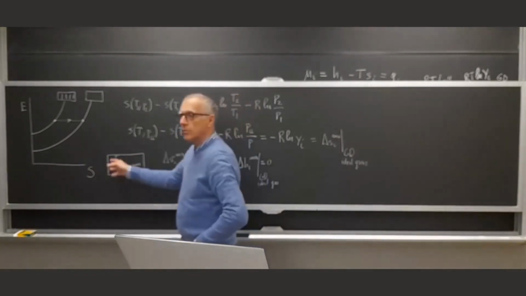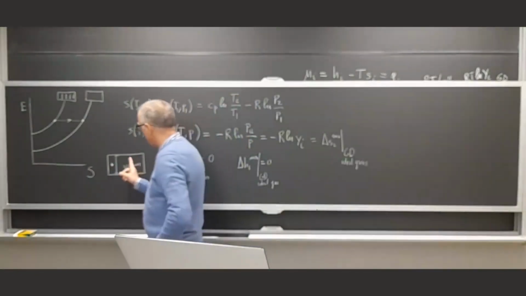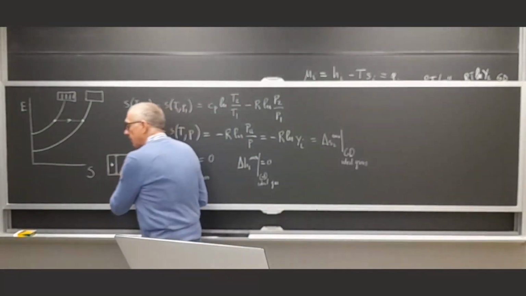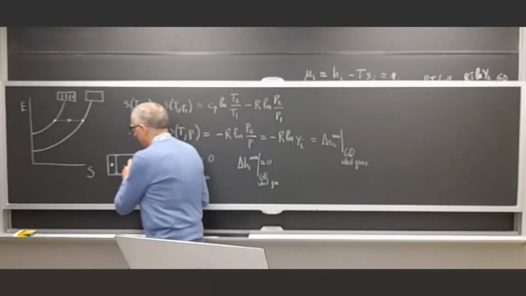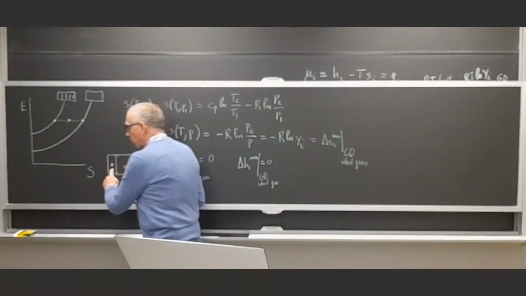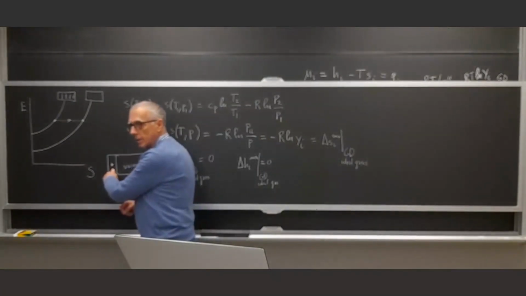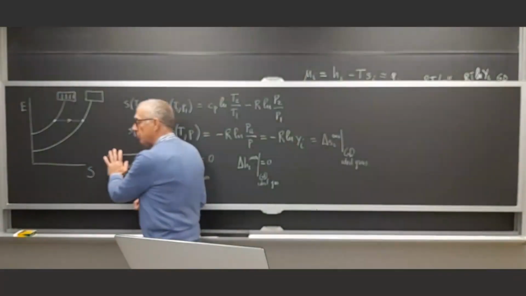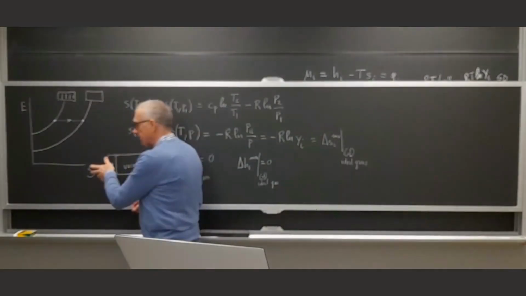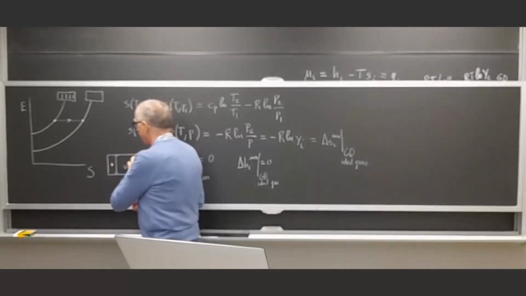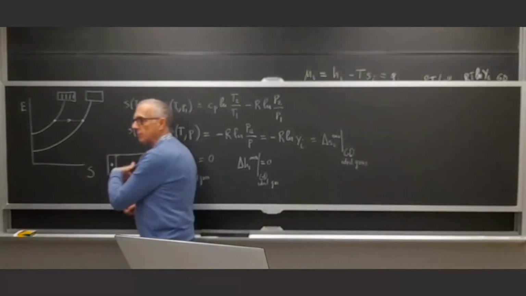There's no more vacuum. Because at the beginning I had 0 probability of finding my particle here and probability 1 of finding it there. When I remove the partition, the probability is still 1 in total, but now I have an even probability of finding it everywhere.